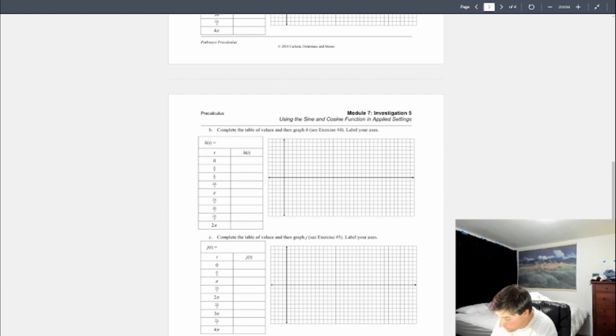Pi over 2 then. Pi divided by 2 equals this, times 2, 3.14. Okay. Answer, okay, so sine of answer, 0.